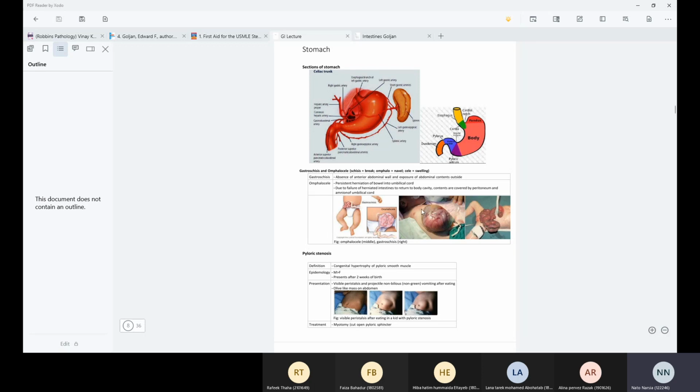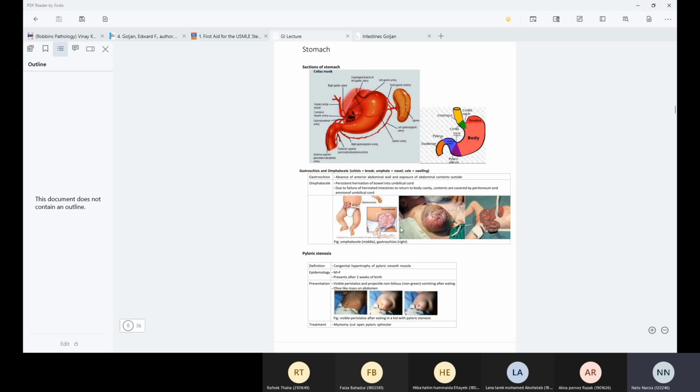You will find this sac here, shown schematically, due to failure of the herniated intestine to return to the body. This is logical: if the abdominal wall does not close completely, the content will be out. It is covered by peritoneum and amnion of the umbilical cord.